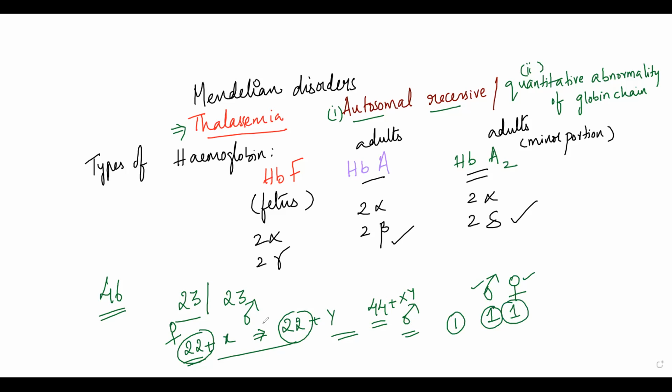The 46 is nothing but two sets of 23 and 23. The second chromosome is from the mother and father, the third chromosome again from the mother and father. So you see the pairs of these autosomal chromosomes which are present. Now I'm coming to the details of thalassemia, which is an autosomal recessive disorder, children.